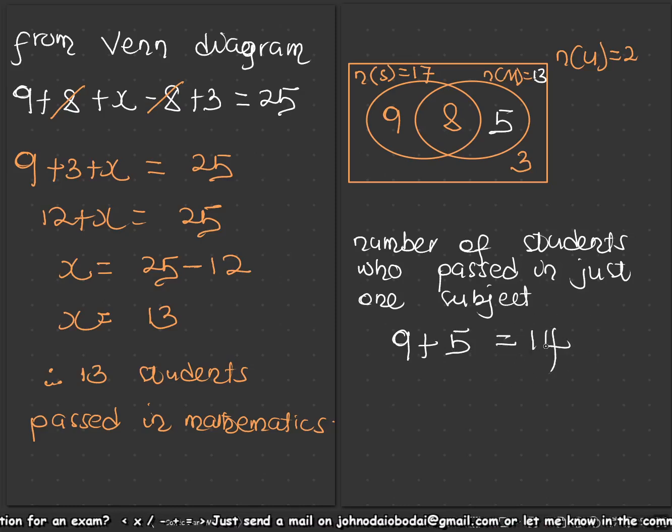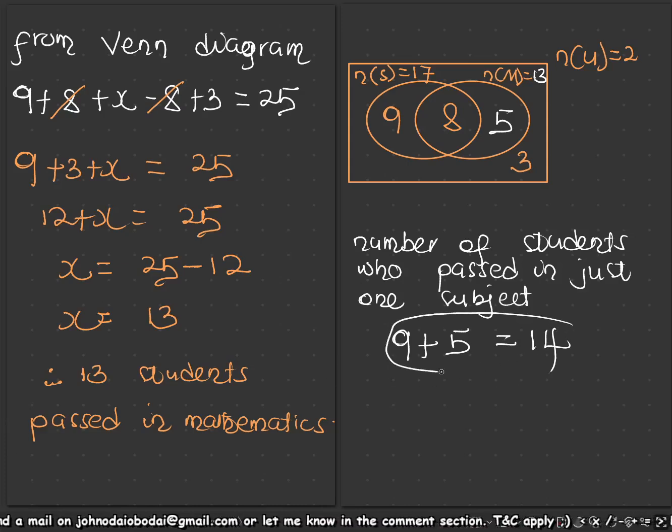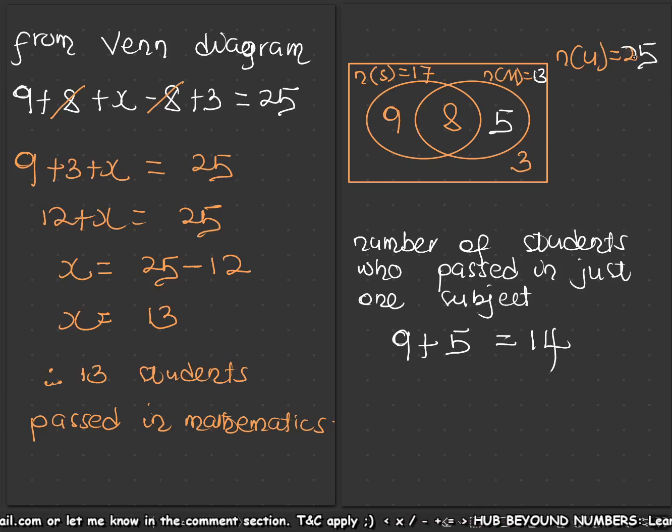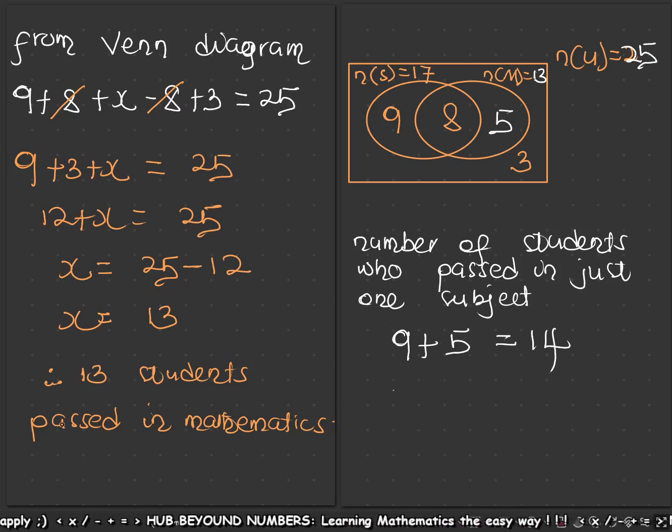But we don't just want the number, we want the probability. And we know the probability is going to be the number of events over the sample space. In this case, our sample space is actually 25. So the probability of this event, the event being the number of students who passed in just one subject, is going to be what?